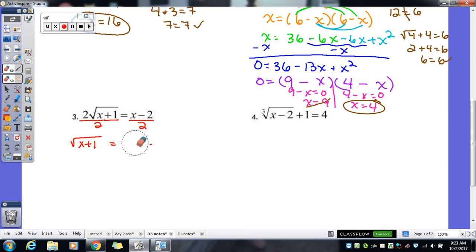Actually, going forward, I think that's what we should probably do: x over 2 minus 1, because I divide the x by the 2, and then 2 divided by 2 gives us 1. It's going to make things a little easier. So now we square both sides. So I get x plus 1 equals x over 2 minus 1 times x over 2 minus 1.